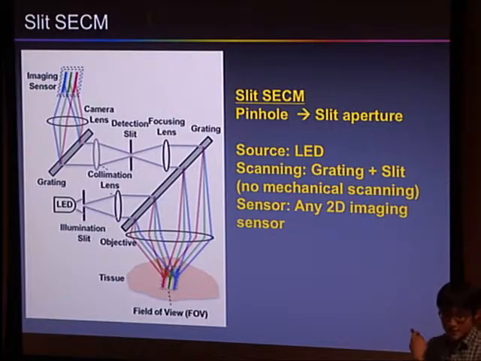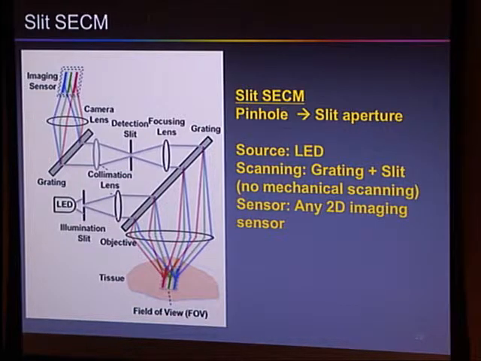So we came up with this idea where instead of using the pinhole aperture, which is commonly used for confocal imaging, why don't we use a slit aperture? Say we have a very thin line where the light can sneak through. Then instead of illuminating one line on the sample, we can illuminate a two-dimensional area, covered by multiple lines, and each line has a particular color or wavelength.